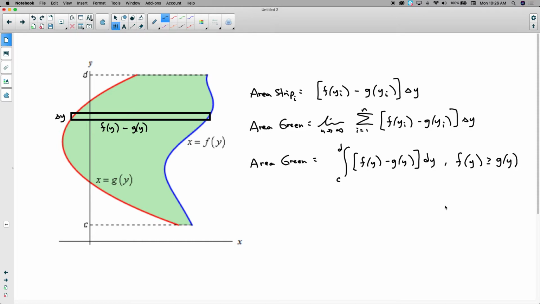Okay, so it's exactly the same argument, but it does bring up the very good observation that you can run horizontal columns just as easily as you can run vertical columns.